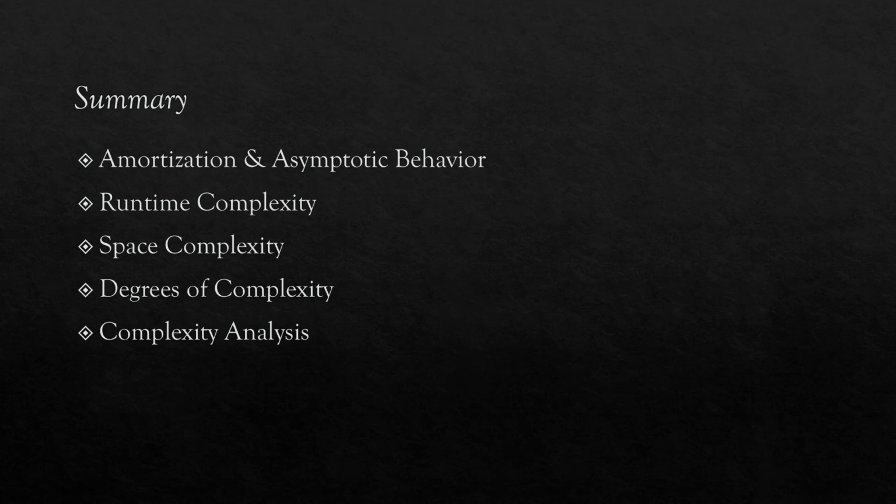We learned about degrees of complexity such as best case, average case, and worst case performance of algorithms. We learned about complexity analysis using constant time algorithms, logarithmic algorithms, quadratic or polynomial runtime algorithms, exponential algorithms, and factorial algorithms.